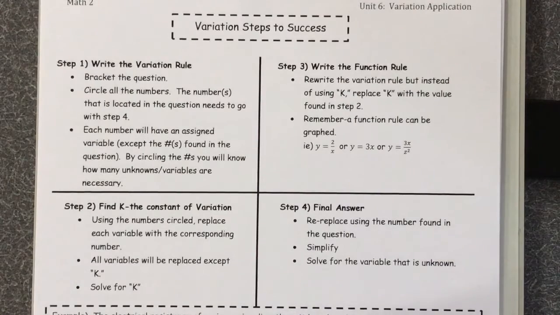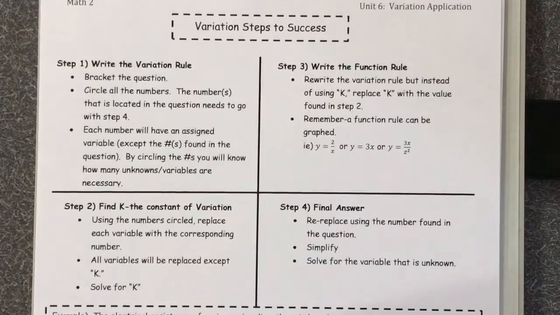Then you're going to circle all the numbers that are located in the question. These numbers represent our variables. Each of these numbers is going to have a variable attached to it, and when you think about a number, think about something with units attached. For example, miles. Miles represents distance.